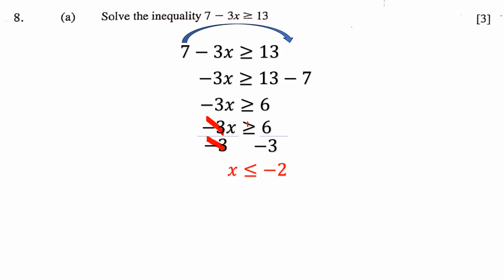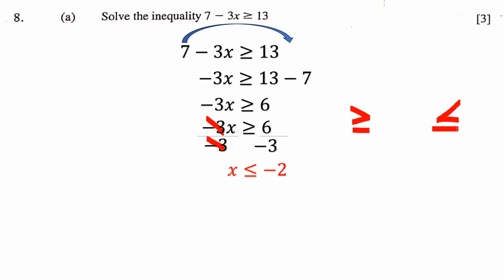What's important for inequalities is that if you are dividing by a negative, you must change the sign. So if you notice that my sign was in this direction, that's the direction it was in. But because I divided by negative 3, I have to change the sign to this direction. Okay, that's just a rule for inequalities. When you are dividing by a negative for inequalities, you have to change the sign. Now, if you're dividing by a positive number, you don't have to change the sign.